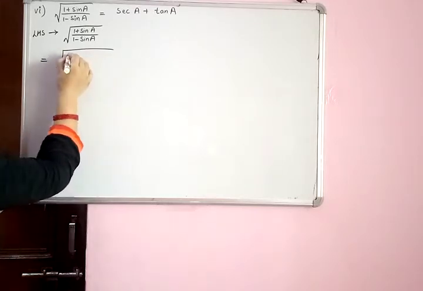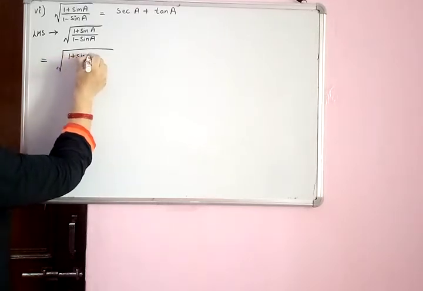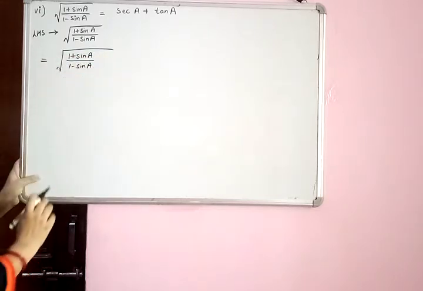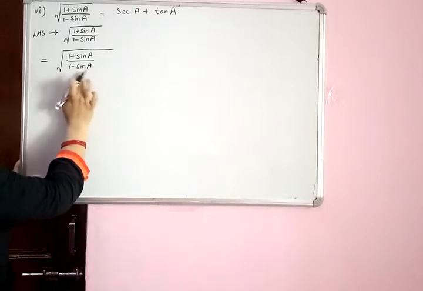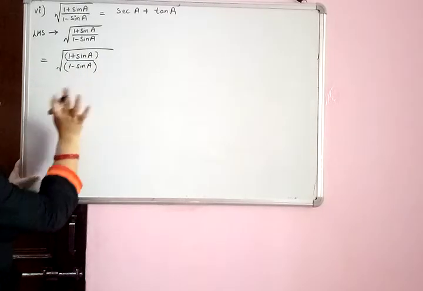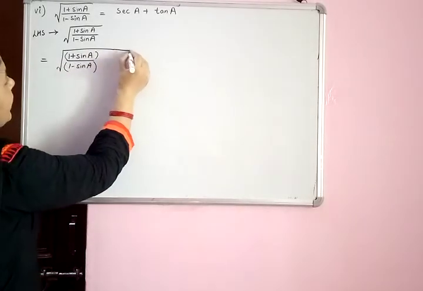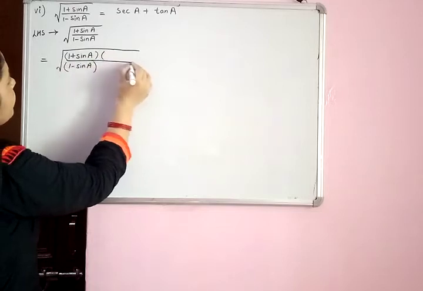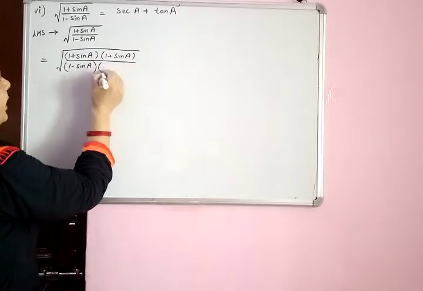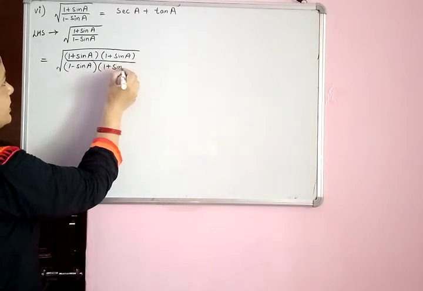To rationalize, we multiply numerator and denominator by the conjugate of the denominator. Here the denominator is 1 minus sin a, so the conjugate of 1 minus sin a will be 1 plus sin a. So multiply numerator and denominator by 1 plus sin a.